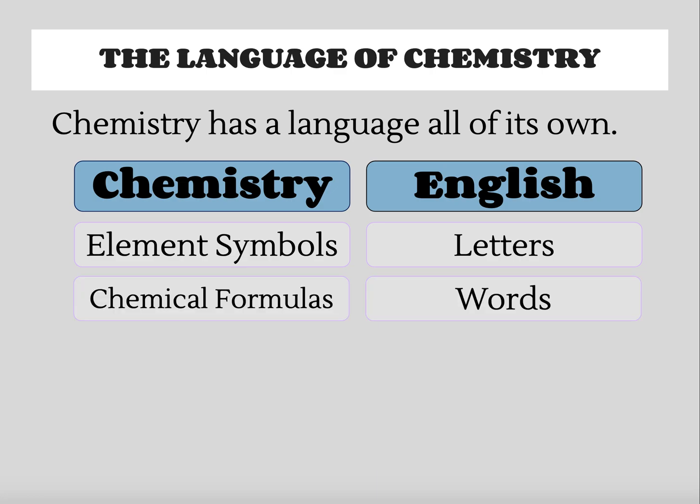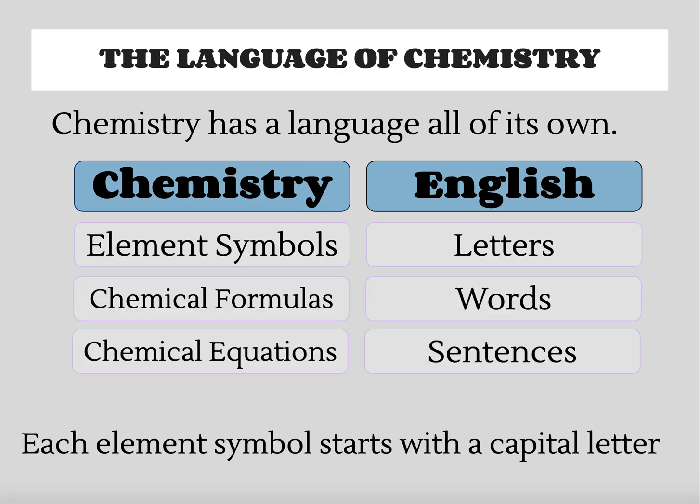So in chemistry, we use a lot of symbols and formulas and equations because in chemistry we are typically trying to describe chemical reactions, how different types of matter interact with other types of matter and what happens.